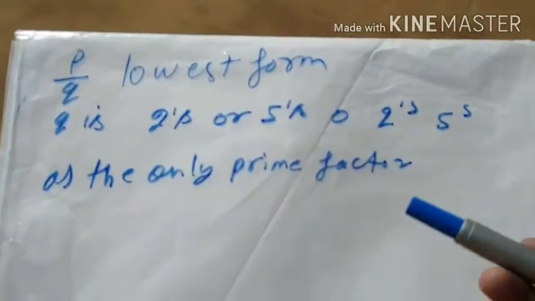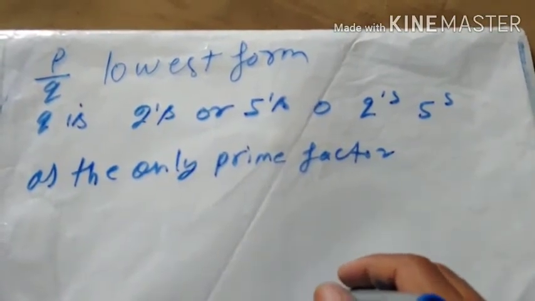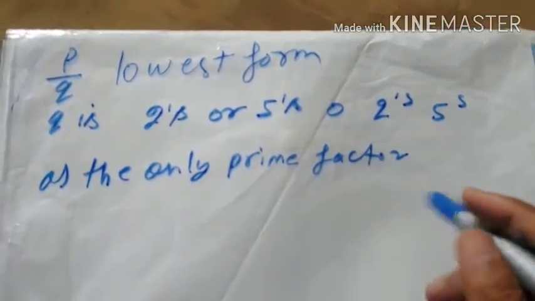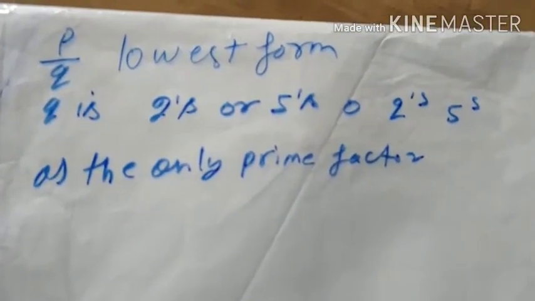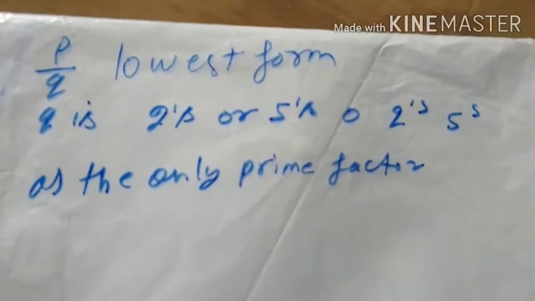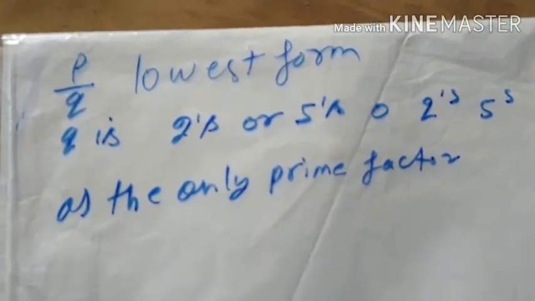This will be a recurring or repeating decimal, or you can say non-terminating. So this is the secret by which you can easily inspect directly, just by making the rational number in its lowest form.